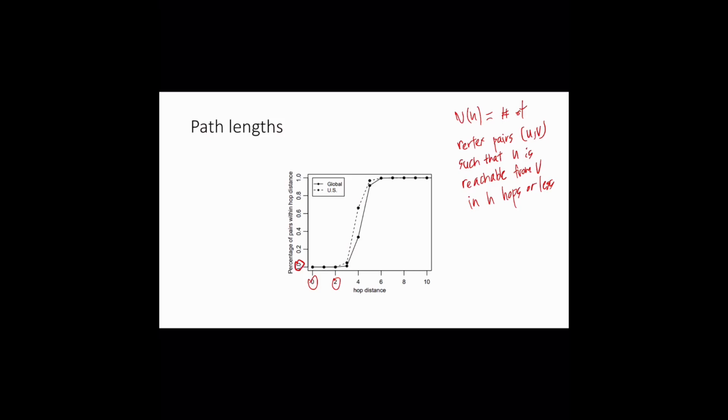But once you reach 3 hops, going upwards to 4 hops, the percentage starts increasing dramatically. From a different perspective, 3 hops or 4 hops, somewhere in between, would be the point where you start reaching exponentially many more people.